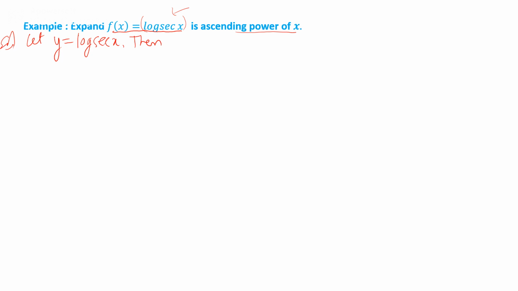Then what is the value of y at 0, meaning y0 represents y at 0. Here we get log sec 0, and sec 0 is 1, so we write log 1, and log 1 is 0. So this is y0.